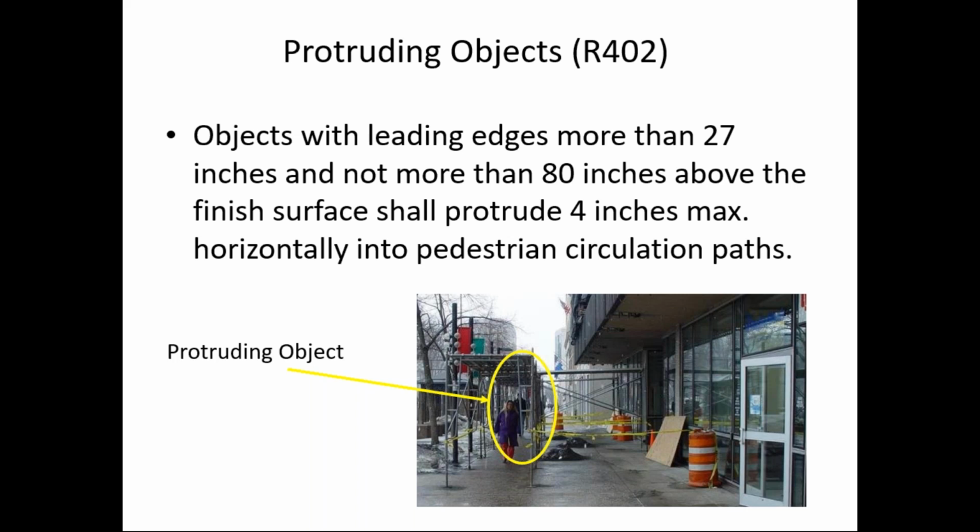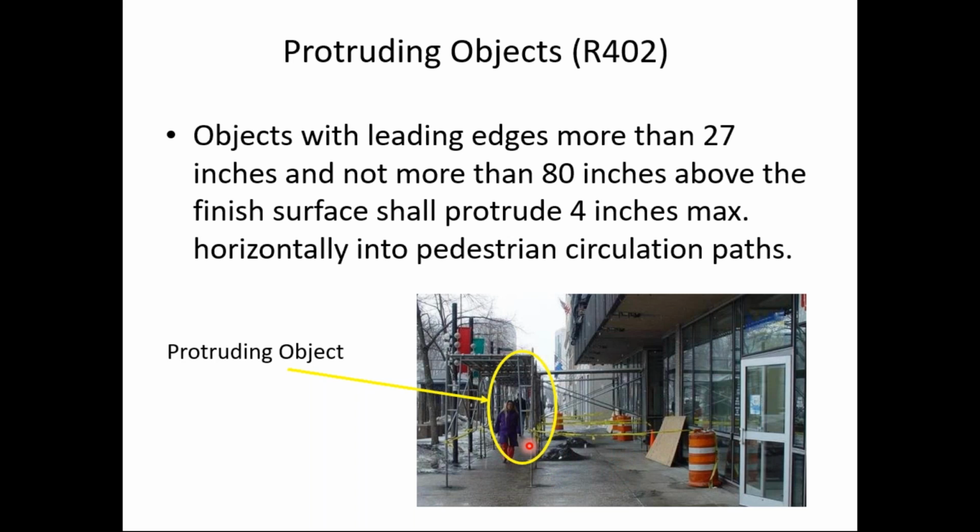And that 27 inches comes from use of the cane. If something is 27 inches or lower, I can detect it with my long cane. If it's higher than 27 inches, I'm going to run into it before I detect it. And a good example of that is this tape here. I'm going to run into that caution tape before I detect it with my cane.